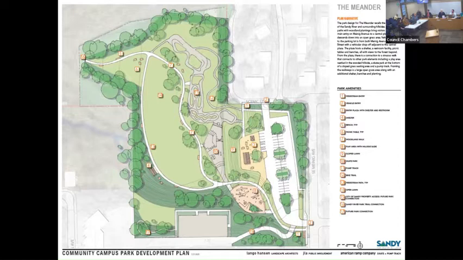I wanted just to briefly start out with this plan. I think this may be familiar to you because it was one of the 3 plans that we originally presented at the second public open house and then the subsequent online survey.